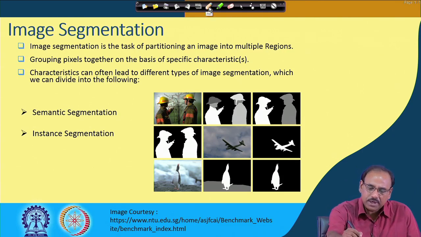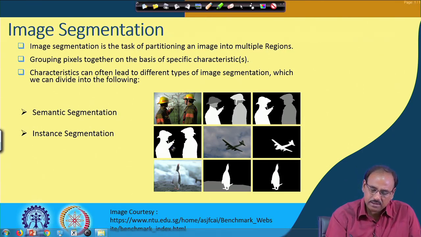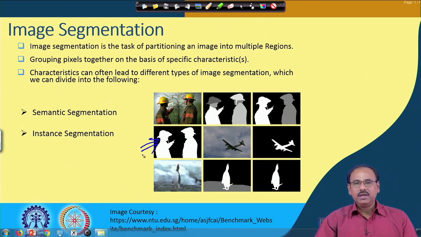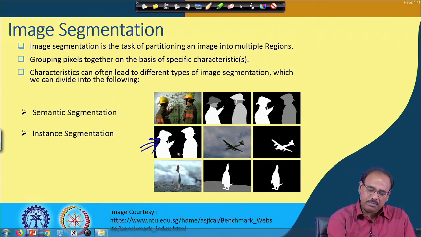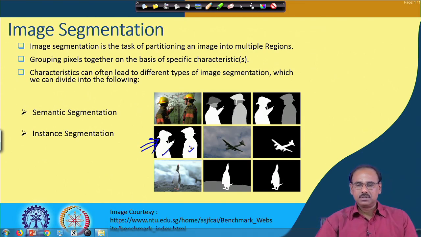Particularly in this image, you don't have any differentiation between whether a pixel belongs to a hat the person is wearing, or it belongs to the body of the person. Similarly, there is no demarcation between this person and this person, though there are 2 different persons. So, it says that these pixels belong to the region occupied by persons.